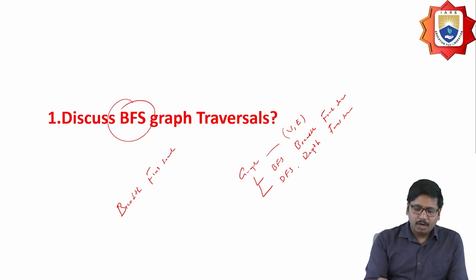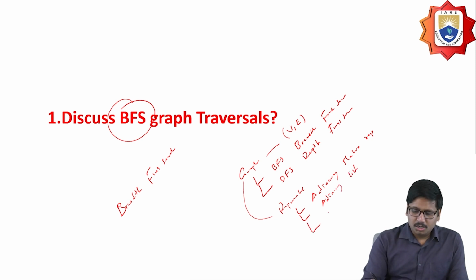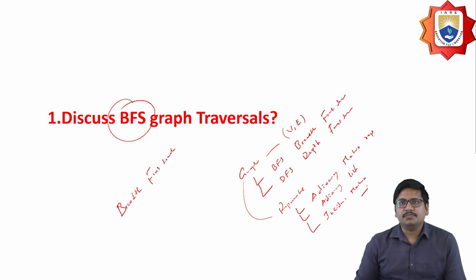Normally these graphs are going to be represented in two ways. The first one is adjacency matrix representation and adjacency list representation. And one more thing is incidence matrix representation.